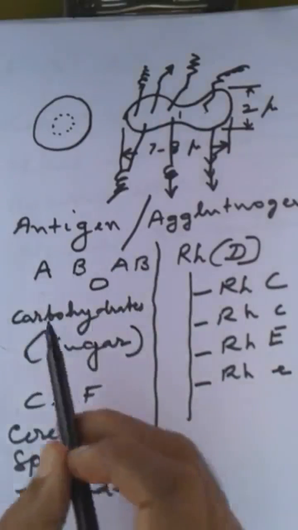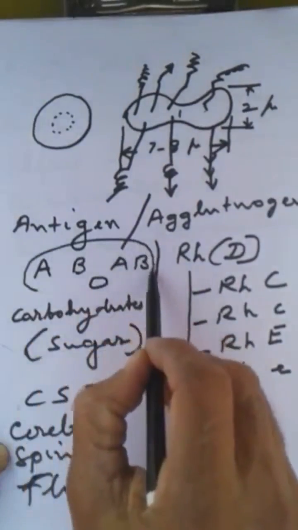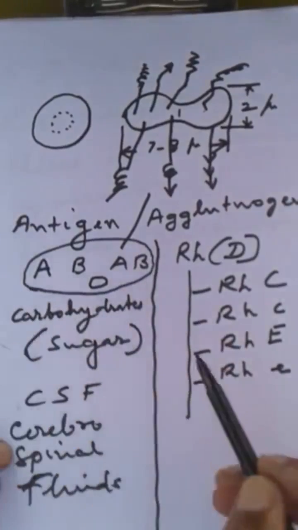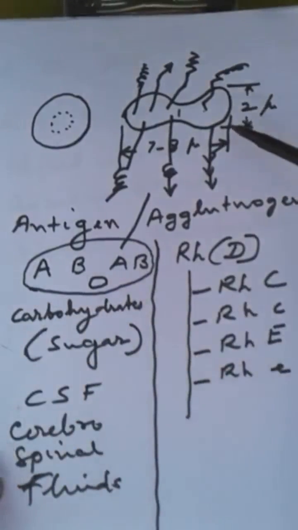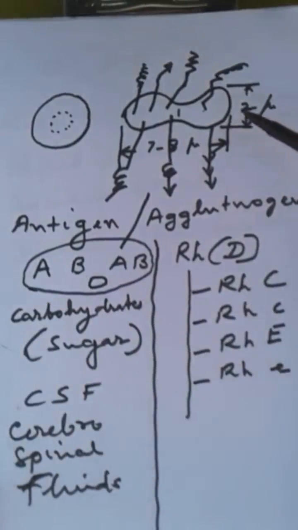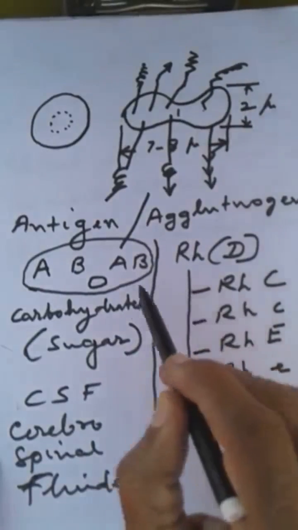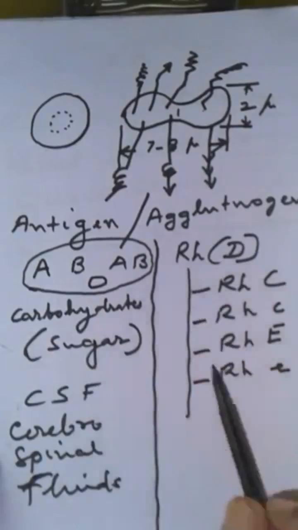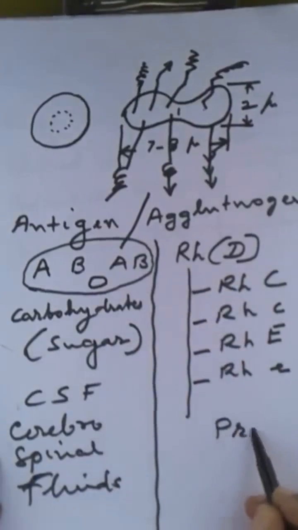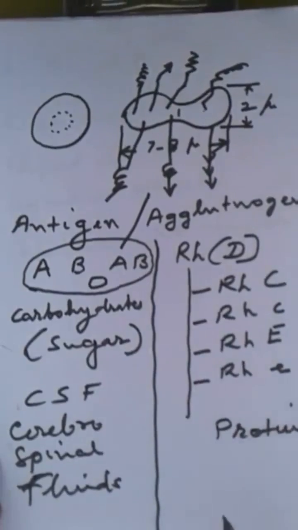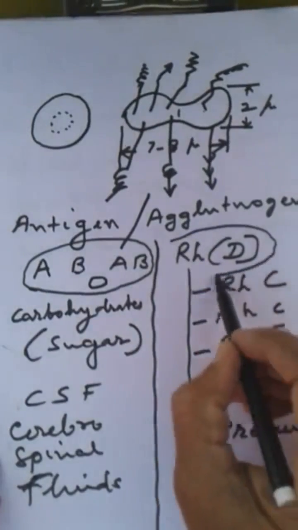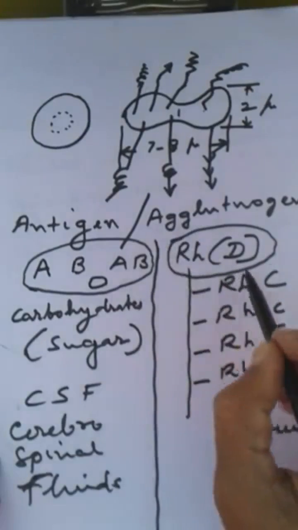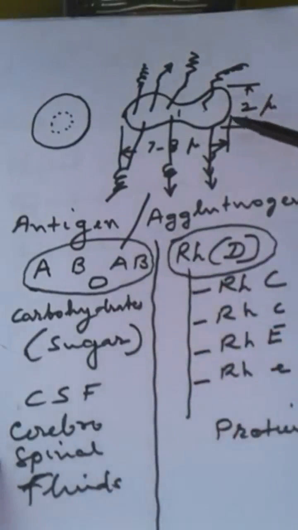In the ABO group, it is seen not only in red blood cells, it is also seen in many other cells of our body, and it is sugar. Whereas RH is a protein. RH is seen only in the erythrocyte or red blood cell.